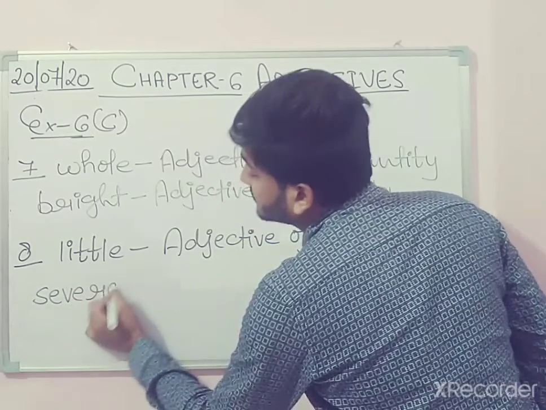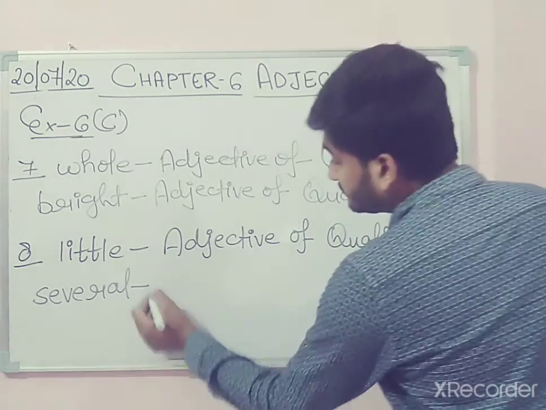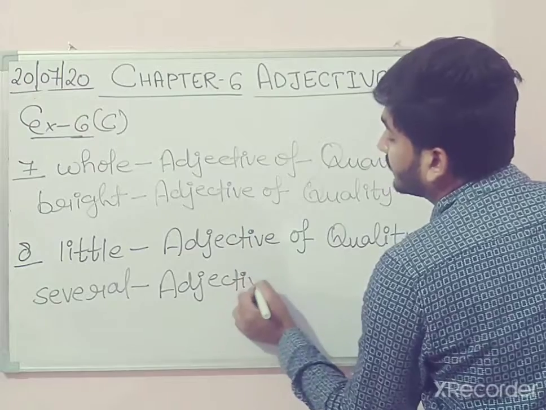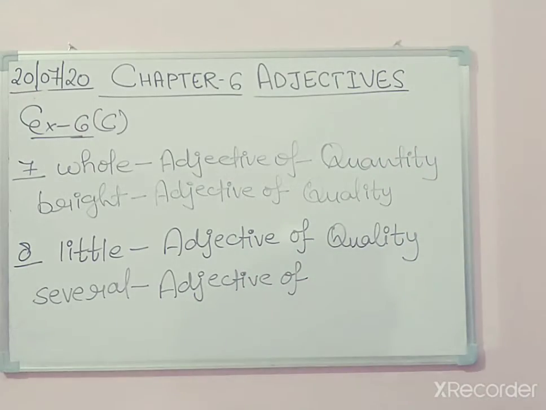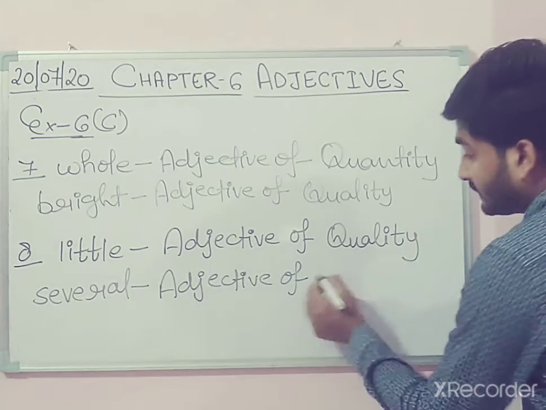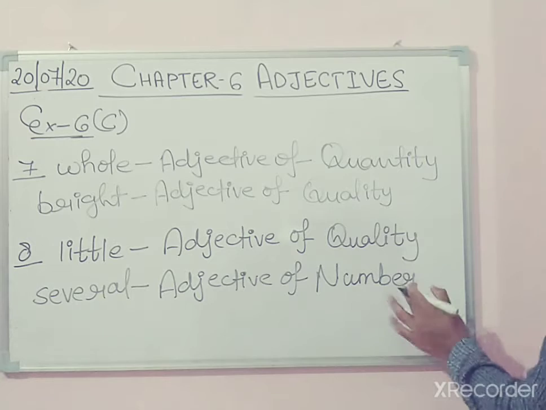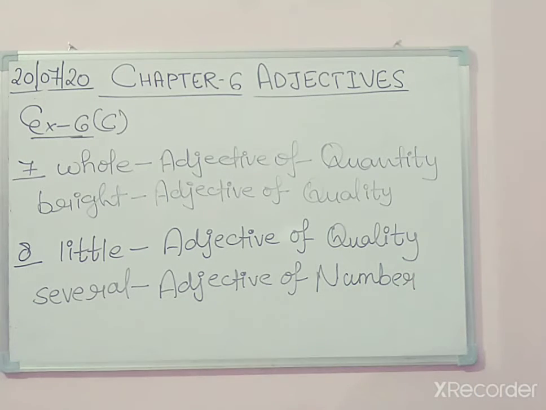Several chicks. Chicks are countable nouns. We can count them. Several chicks. The little hen had several chicks. Adjective of number, because we can count the chicks. Countable noun. Okay. So we have done with exercise 6C.